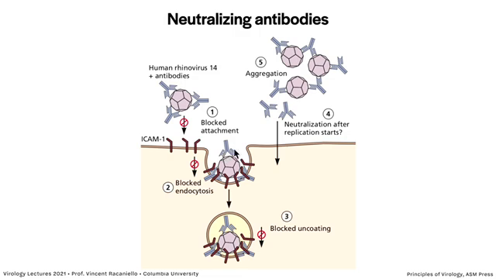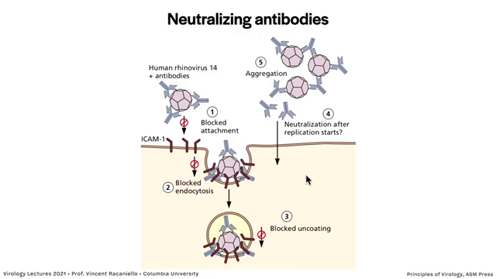However, there are other ways that antibodies can block infection. They can block endocytosis. They can even block uncoating, so they don't prevent attachment, but they somehow change the particles so that either endocytosis or uncoating is blocked. Some can cause the particles to aggregate, so they never attach in the first place, and some actually can neutralize after reproduction begins.